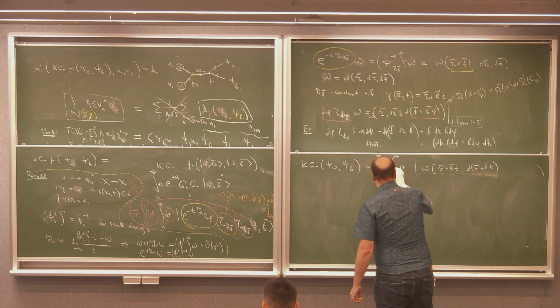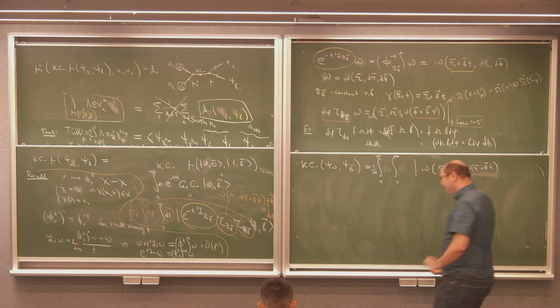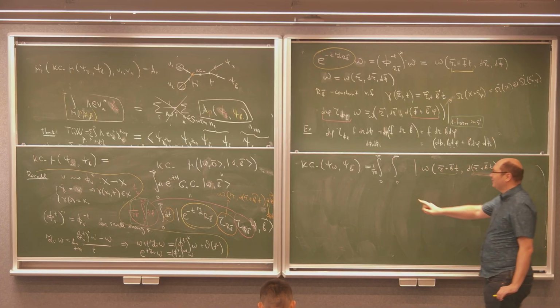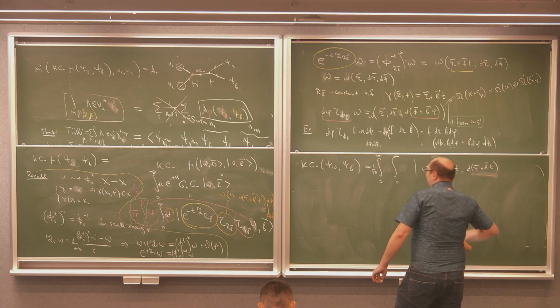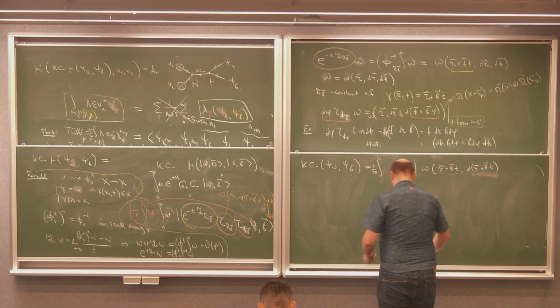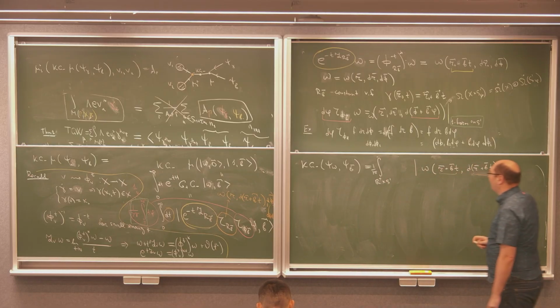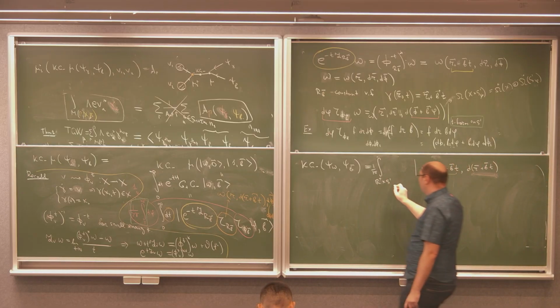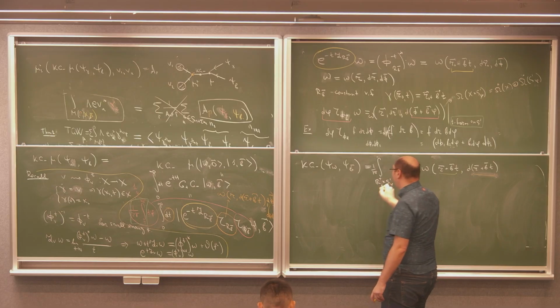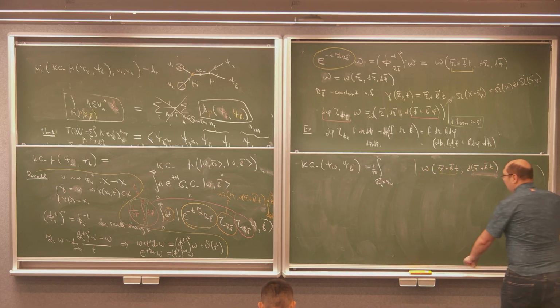And to be more careful, we just integrate over this space. Let me increase it. This space is r plus cross s1, and this s1 has coordinate little phi, and r plus has coordinate t.